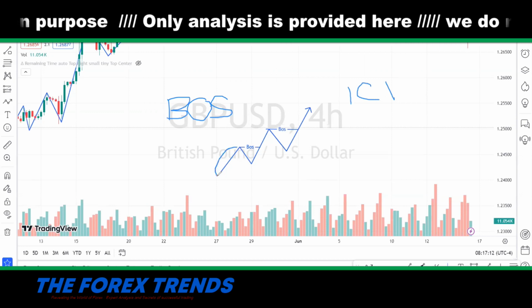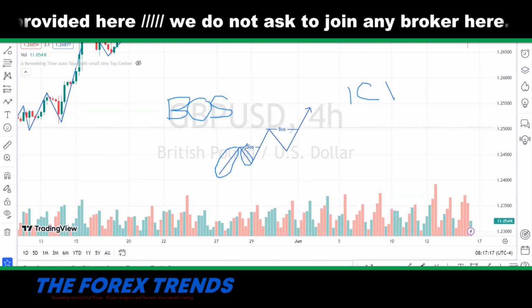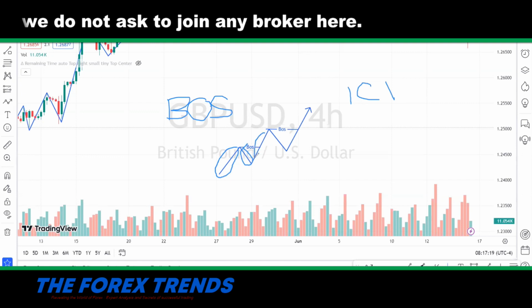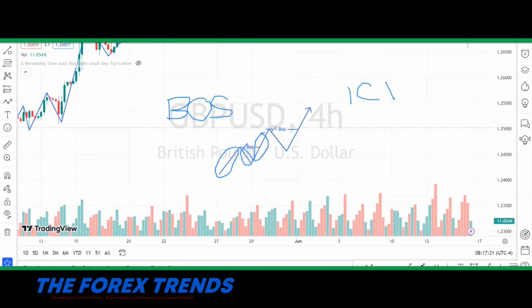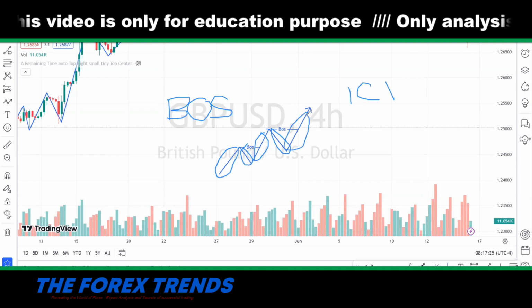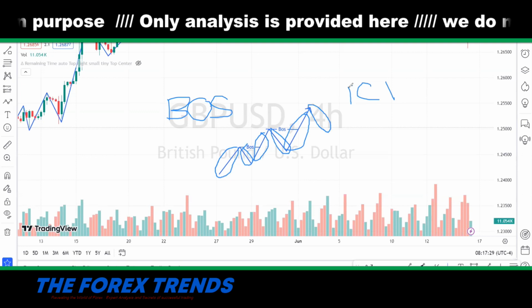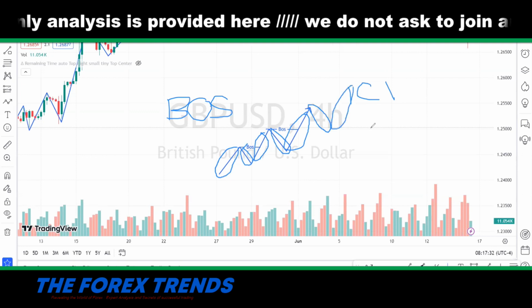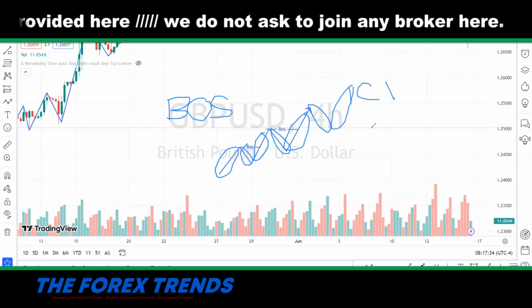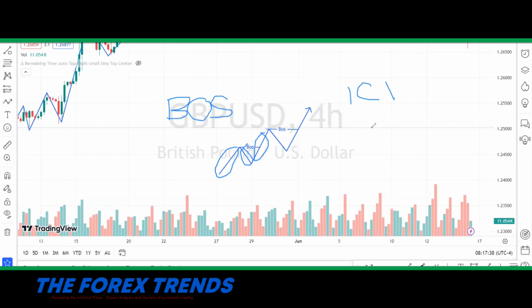This movement is an impulse and this movement is a correction, and then this movement is an impulse and this is a correction, and then this is an impulse. After that it creates a new correction and then another impulse. This is called ICI movement. The market always moves like this.